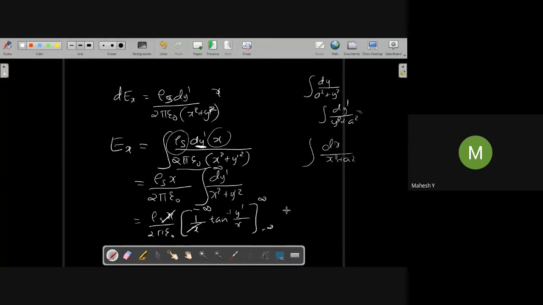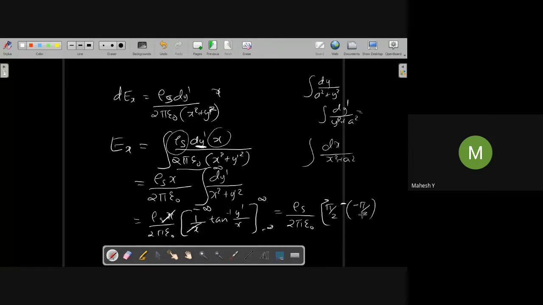What is tan inverse infinity? Rho s by 2 pi epsilon 0 into tan inverse infinity, 90, or pi by 2, minus tan inverse minus infinity, which is minus pi by 2, right?